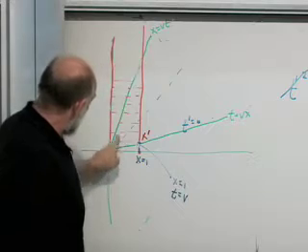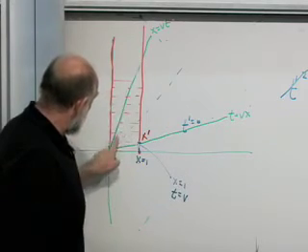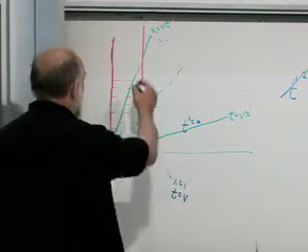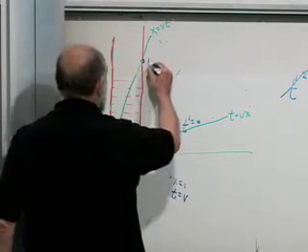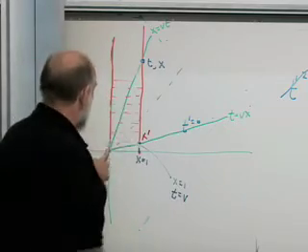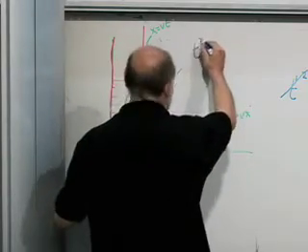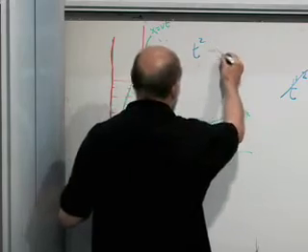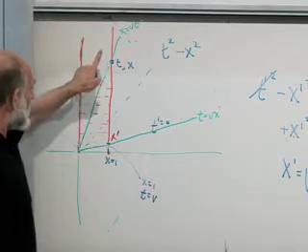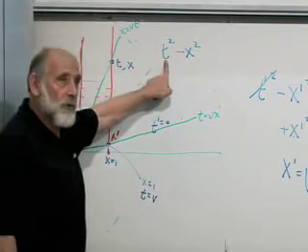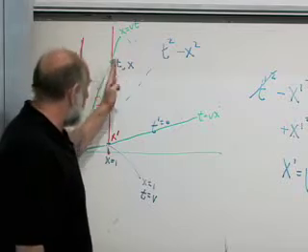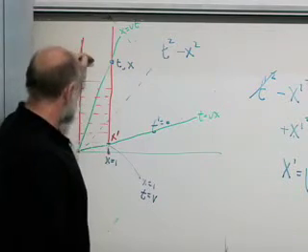And for that, we have to calculate the proper time between here and here. The point is that the proper time of this point, which may be t and x, the square of the proper time, is t squared minus x squared. That means it's always smaller than just t squared by itself. So the proper time between here and here is less than the actual coordinate time.